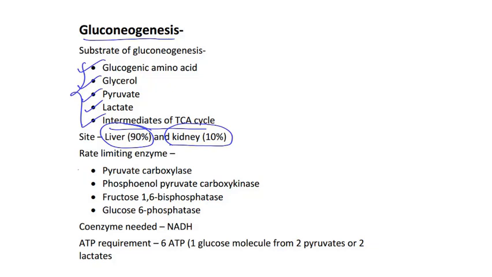Here, the rate-limiting enzymes are pyruvate carboxylase, phosphoenolpyruvate carboxykinase, fructose 1,6-bisphosphatase, and glucose 6-phosphatase. In gluconeogenesis, NADH is needed as coenzyme, and 6 ATP is needed to produce one molecule of glucose from 2 pyruvate or 2 molecules of lactate.